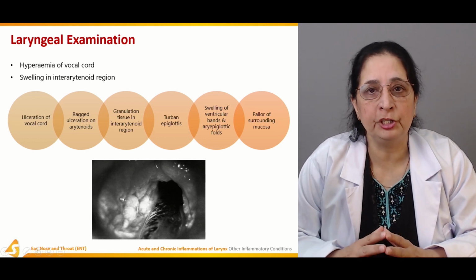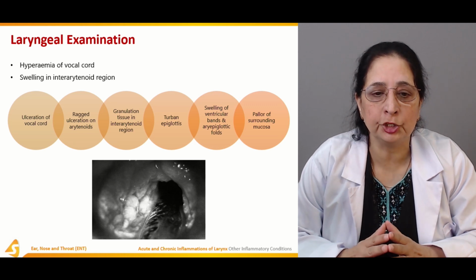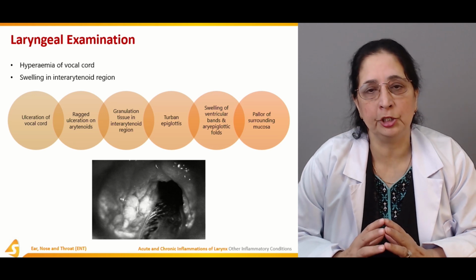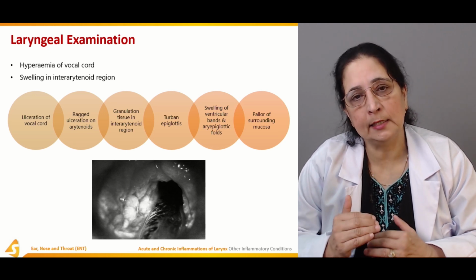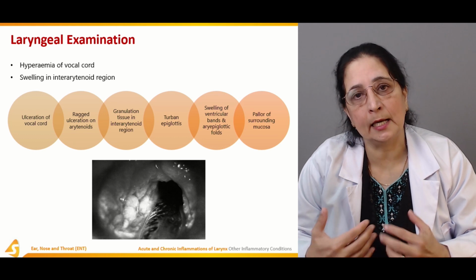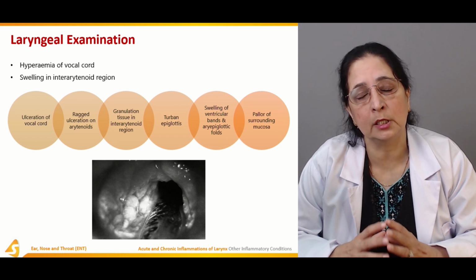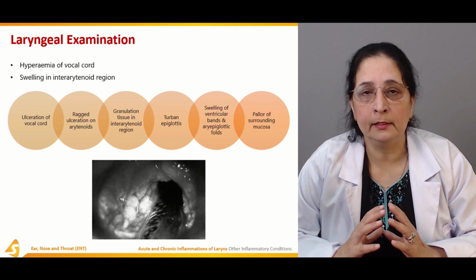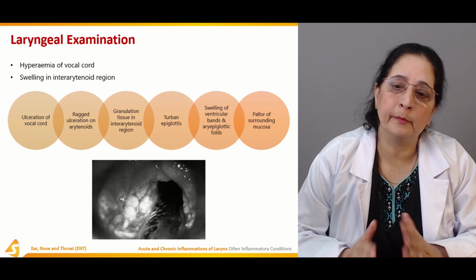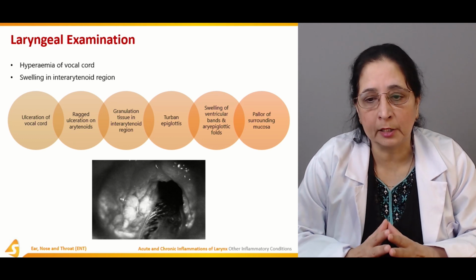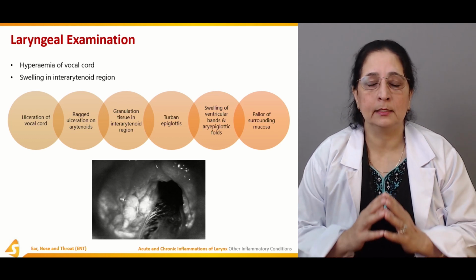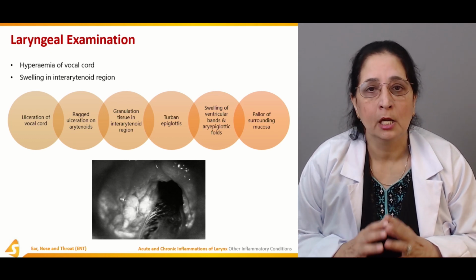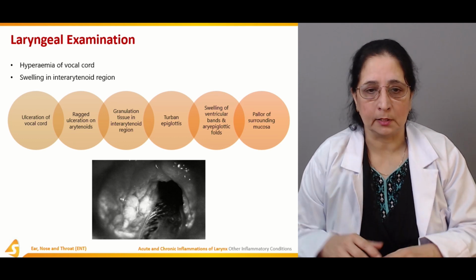All these are the features present on examination. There is ulceration, then there is granulation tissue. As a result of these ulcerations caused by systemic diseases like tuberculosis, they can lead to granulation formation. Then there is swelling of the ventricular bands and epiglottic folds, and the feature of the epiglottis known as the turban epiglottis is present.